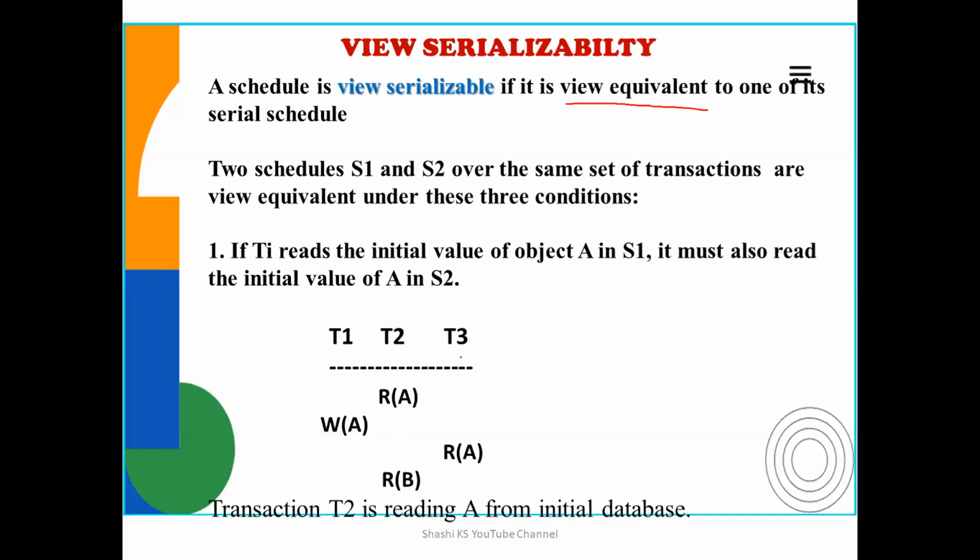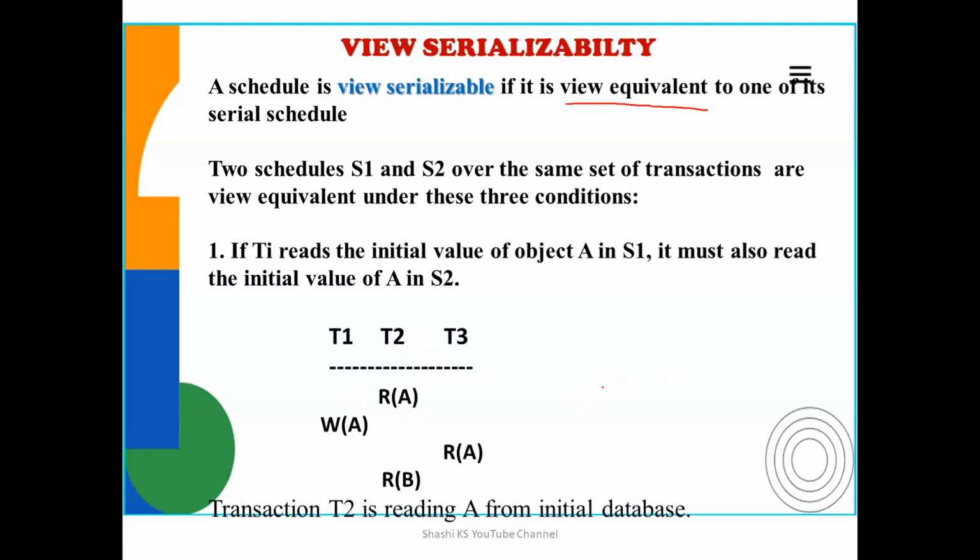Though you have three transactions T1, T2 and T3, transaction T2 is initially reading the value of A from the database. So if I compare this with another schedule S2, and there also transaction T2 is reading the initial value of A from the database, then I may say that S1 is view equivalent to schedule S2.